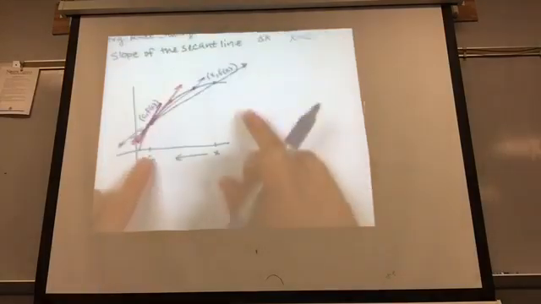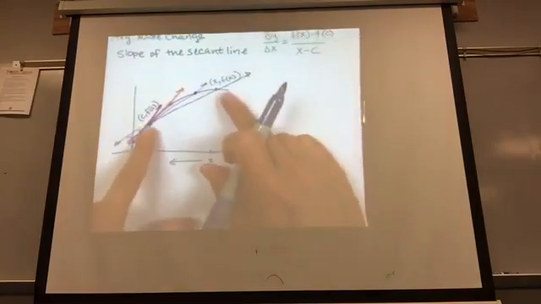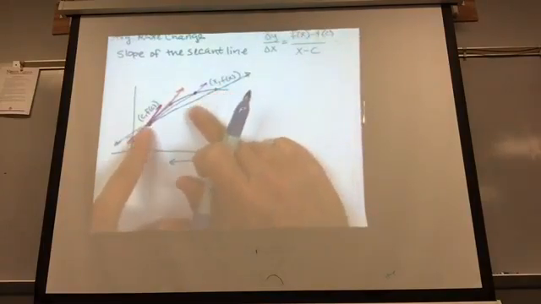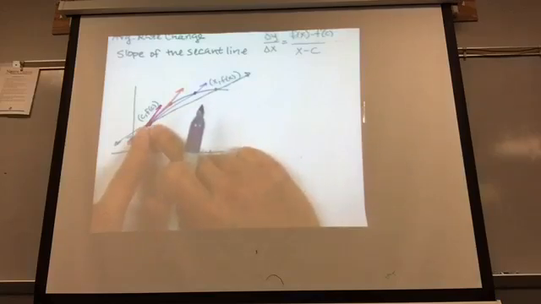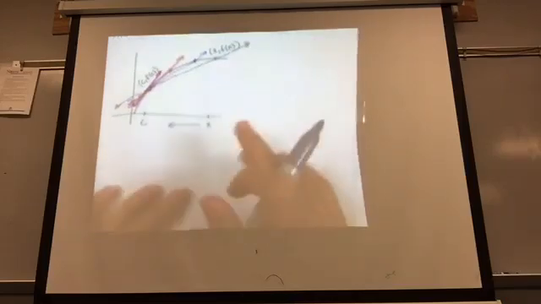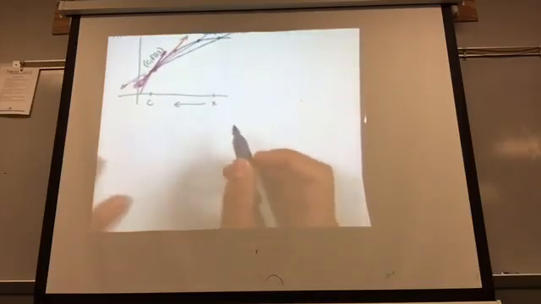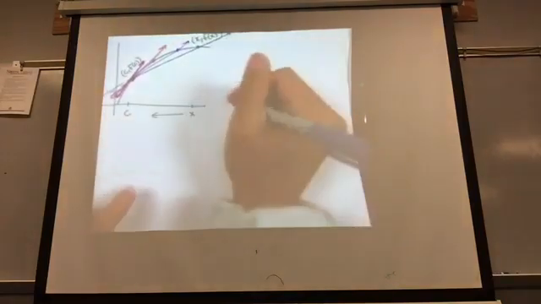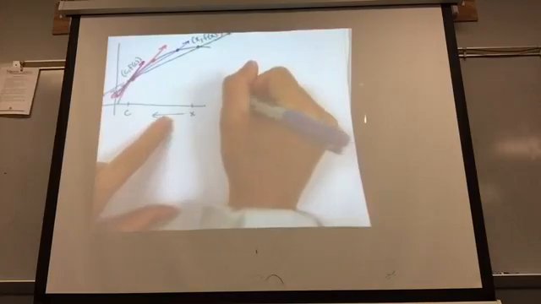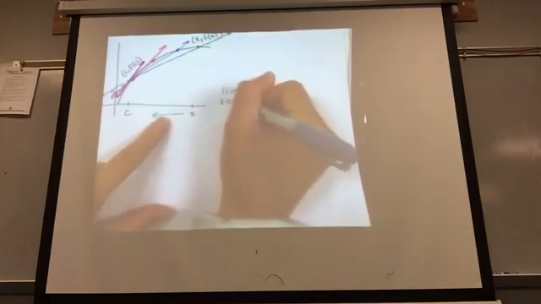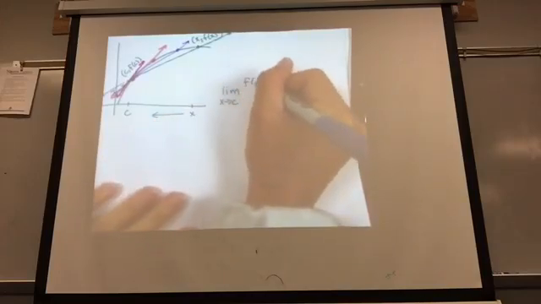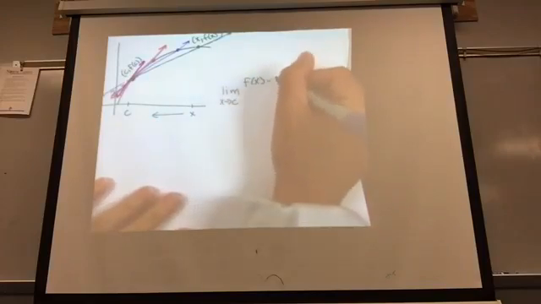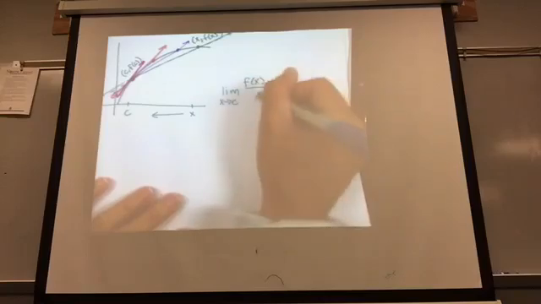Because I know the average rate uses 2 points, but if I get closer and closer to c, I can find the exact instantaneous slope, or the derivative, at x equals c. We just found the limit as x approaches c of our average slope, f of x minus f of c over x minus c.